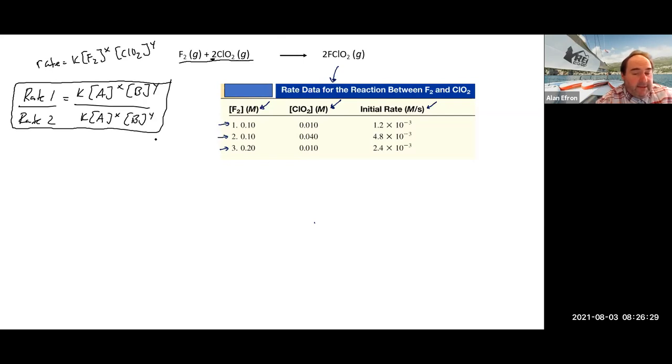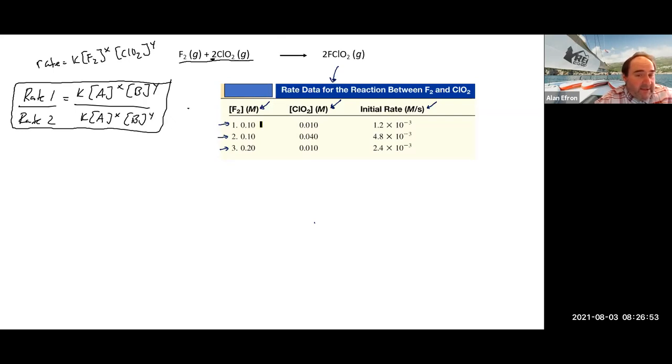To do that in this type of problem, you want to look at the concentrations of your reactants and find 2 entries where one of the reactants remains the same and the other one varies. So you want to find 2 entries in that table where one stays the same in terms of concentration and the other one differs.